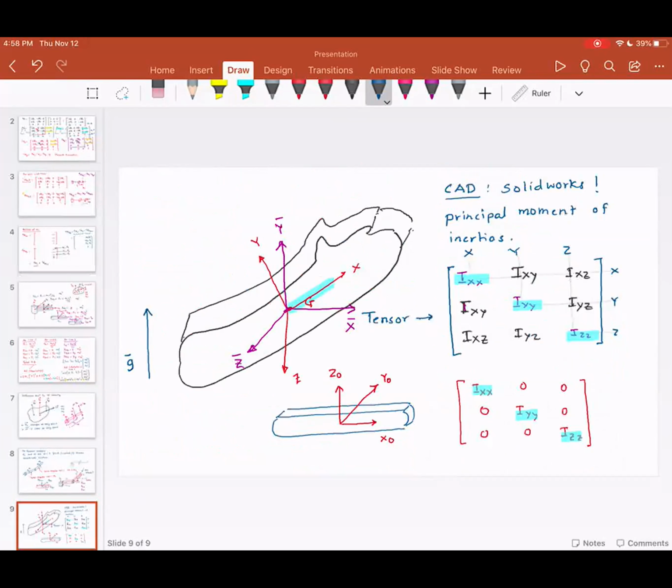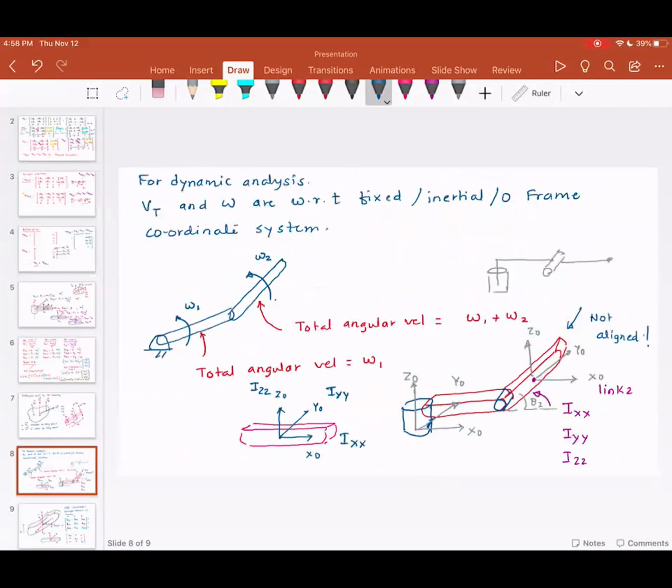For the problem that we are solving, this is the direction in which the gravity vector is aligned, so you would be looking at PZ1, PZ2, and PZ3, the positions about Z. But in certain cases, depending upon how your robot is, you could have another axis oriented in the gravitational direction.